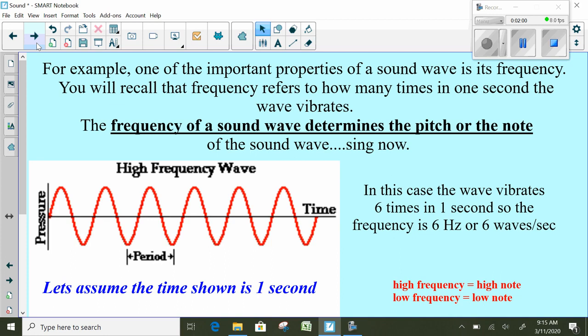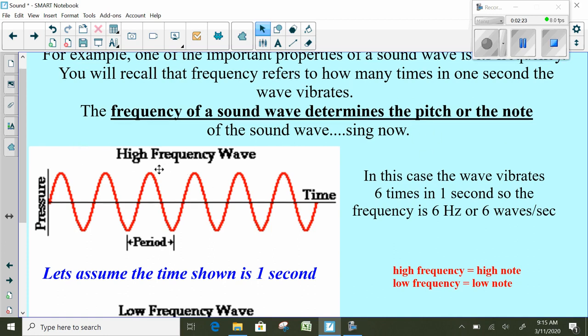So the key note here, if you're taking down a couple notes, is that when we talk about the frequency of a wave, that frequency is a property of the wave, but how it shows up as a perception by a human being, we call pitch. So frequency is a wave property, but we perceive it as a pitch or a note. For example, let's assume this represents 1 second.